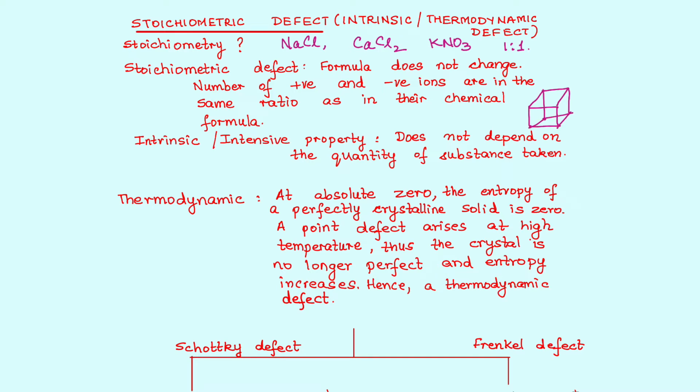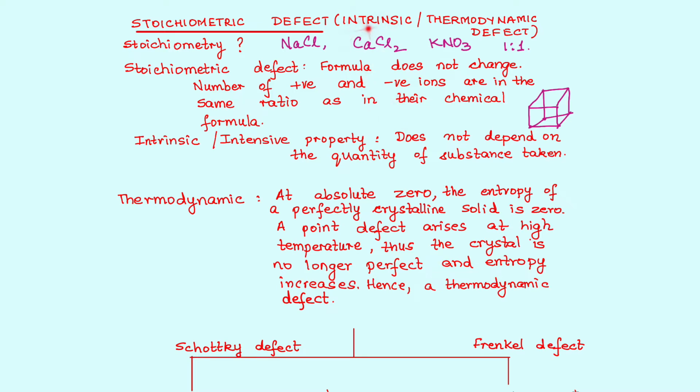Your sodium chloride would still be written as NaCl. Calcium chloride will still be written as CaCl2. The formula does not change. The number of positive or negative ions are the same, or for that matter, the formula of the molecule of a compound will also remain the same.